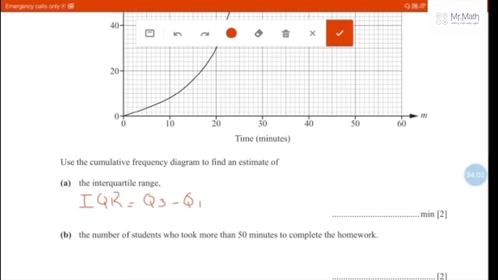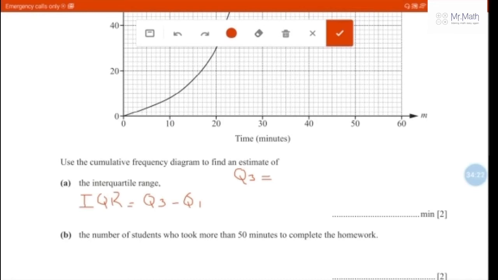Now Q3 is the upper quartile and Q1 is the lower quartile, as you all know. So to find the position of the upper quartile, I know that Q3 is 75% of the total frequency.